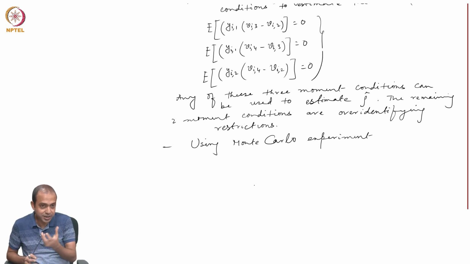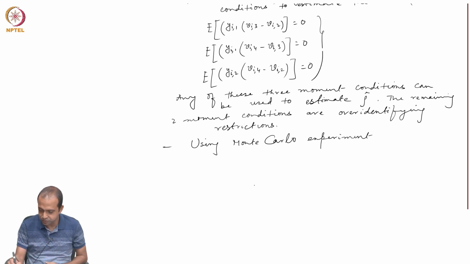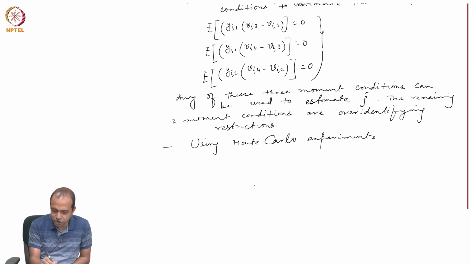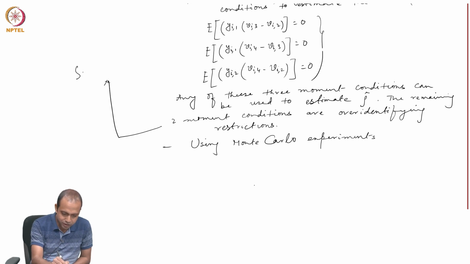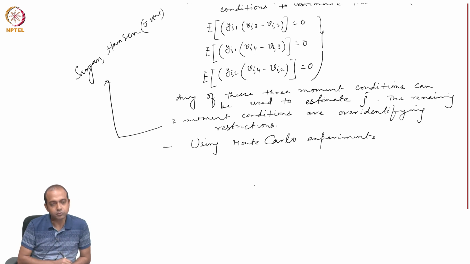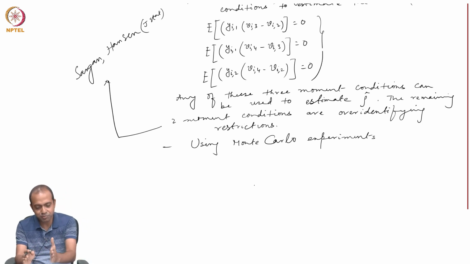How do you check this? Either by Sargan or by Hansen. Sometimes this is known as the J statistic. You have 2 tests when you have this type of over identifying restriction.